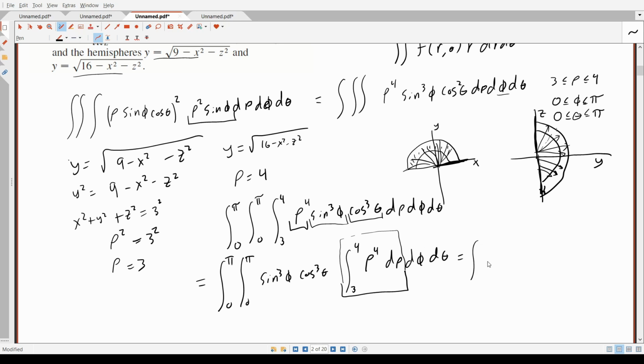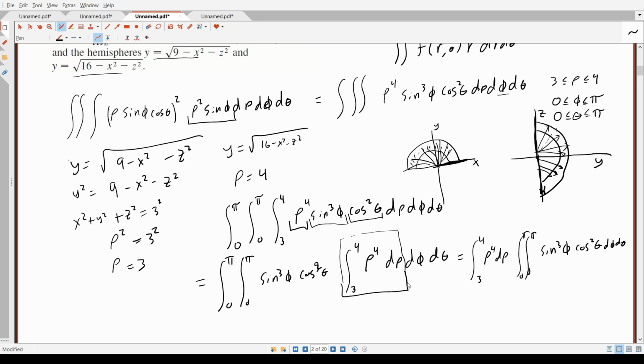So this becomes integral 3 to 4, rho to the 4th, d rho, multiplied by, from 0 to pi, 0 to pi, sine cubed phi cosine, that shouldn't be cosine cubed, that should be cosine squared. Cosine squared theta, d phi, d theta.